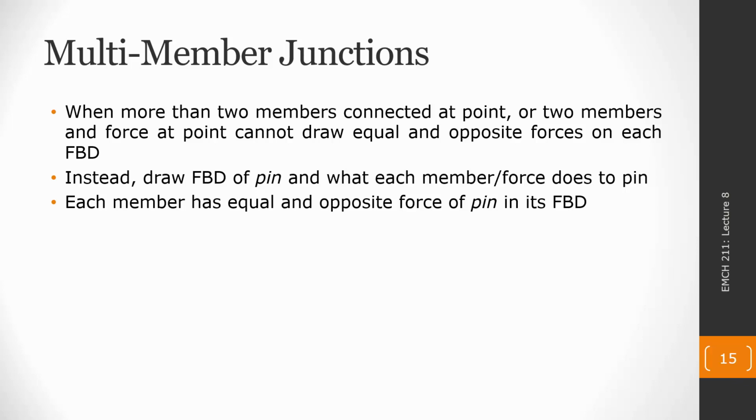The force that the pin exerts on member two will appear in the free body diagram of member 2. And again, we cannot assume that the force exerted by the pin is the same on member 1 and member 2. That's what we're going to need to be solving for.